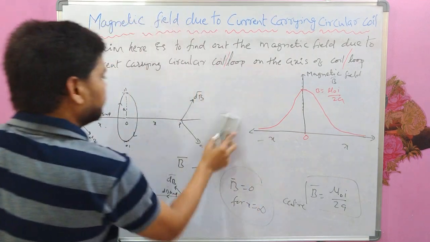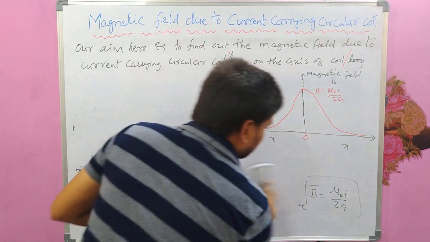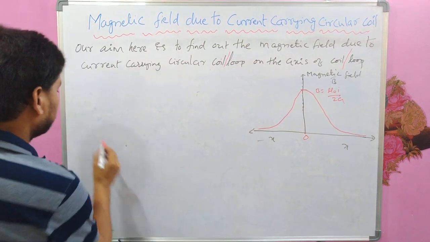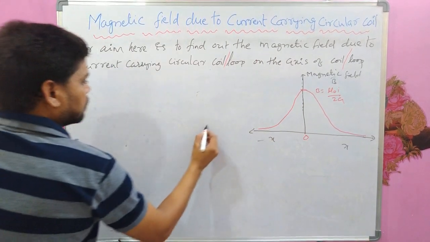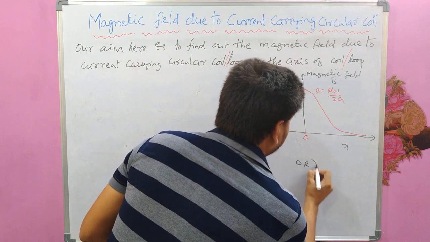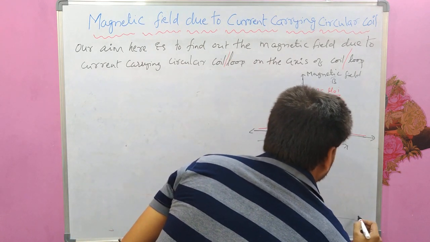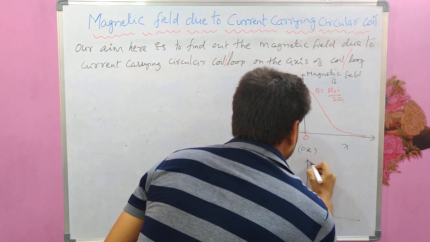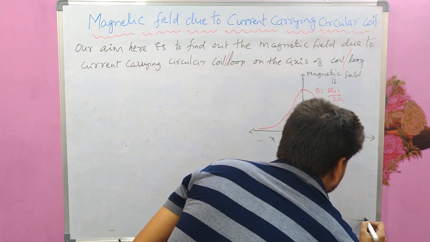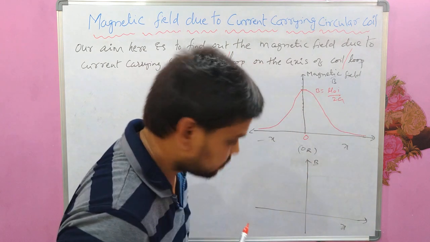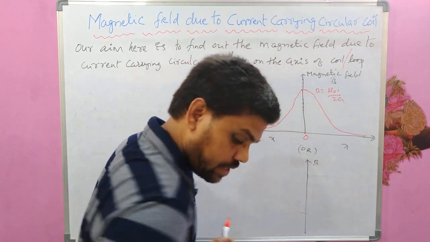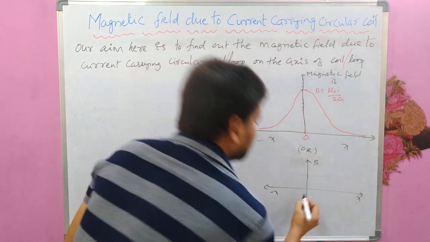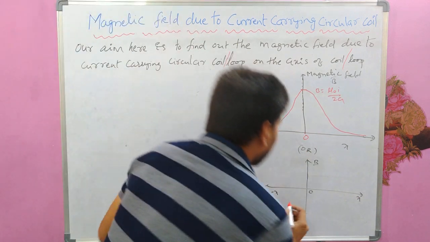Which means that the graph may represent, for example, like this way, with x and minus x, and this is the center, and the graph may also look like this.